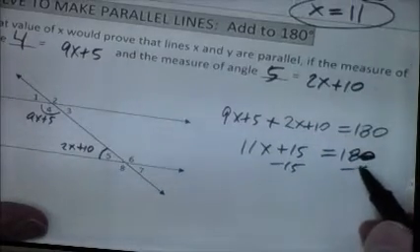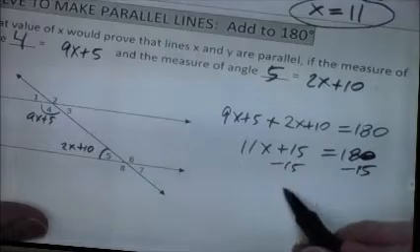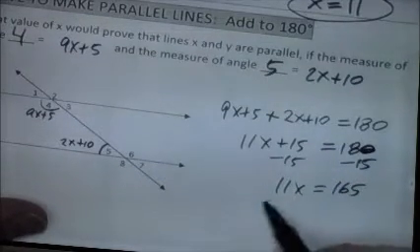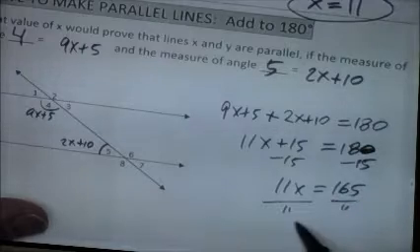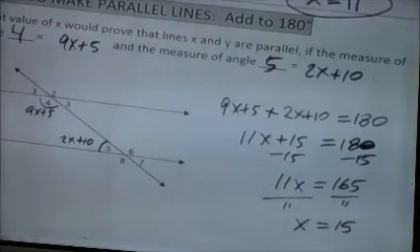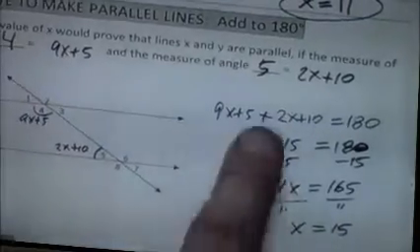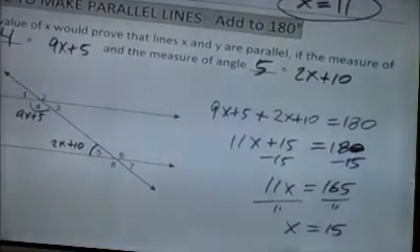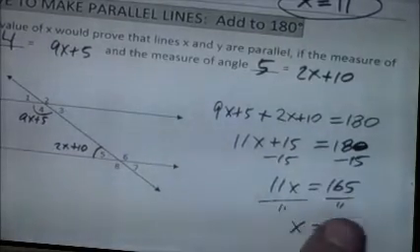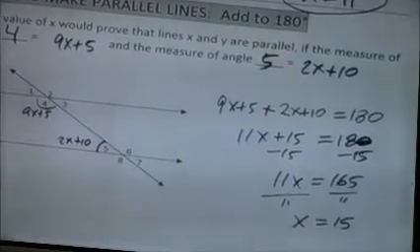Now I'll subtract 15 on both sides to clear that up and just have 11x. Then I'll divide by the 11 to get the x by itself, and it happens to be the number 15. So those are the math steps to go from here to here: combine the like terms, subtract on both sides, divide on both sides, and we isolate the x and get 15.